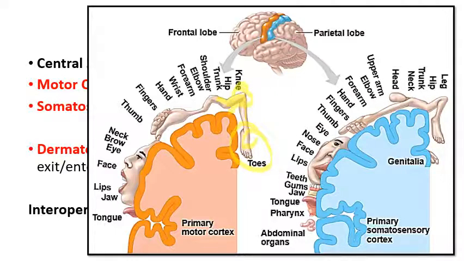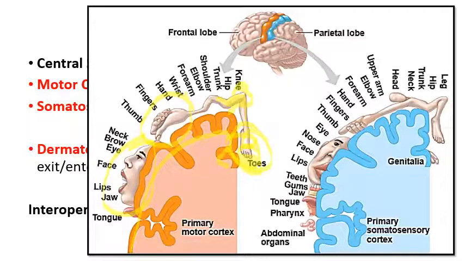And so this diagram shows you how much of the precentral gyrus, how much of the motor cortex is dedicated to controlling each of these parts of the body. Notice that there's not very much brain, not very many neurons have been committed or used to control the toes. And that's probably why we don't have very much control over our toes. Right? A lot of the brain has been dedicated to controlling the hand, and a lot of it has been dedicated to controlling the face.